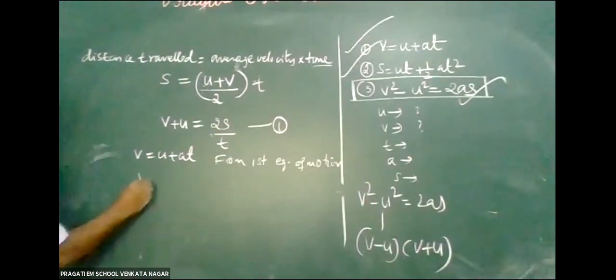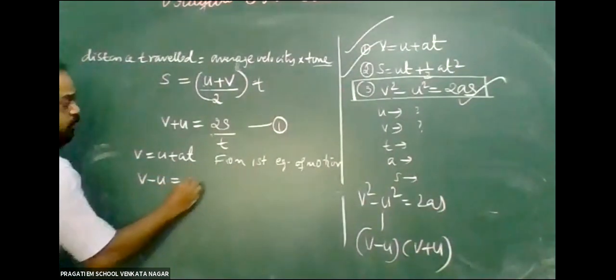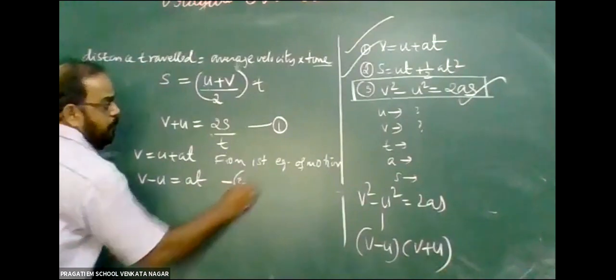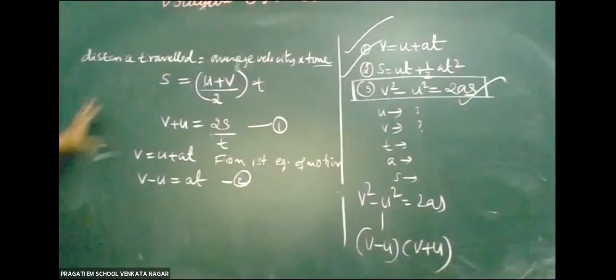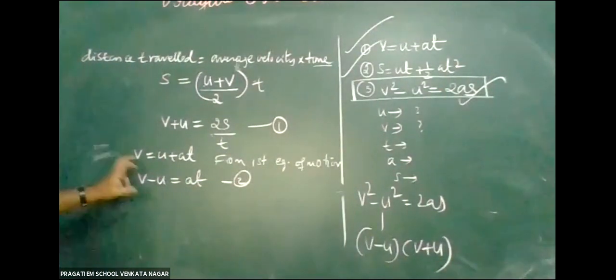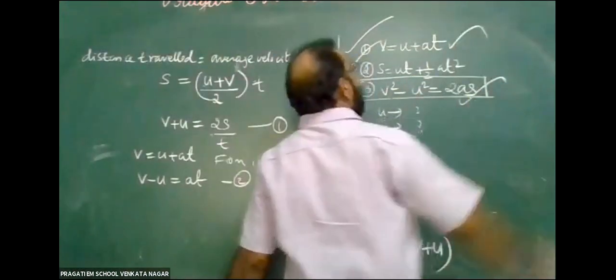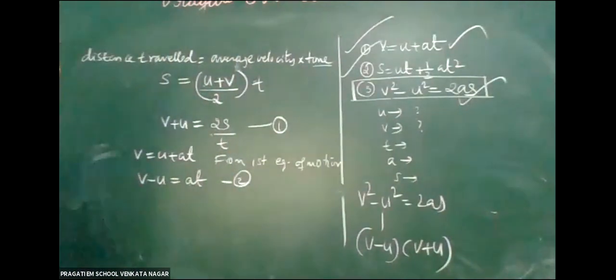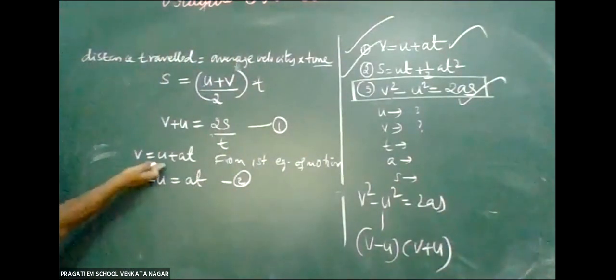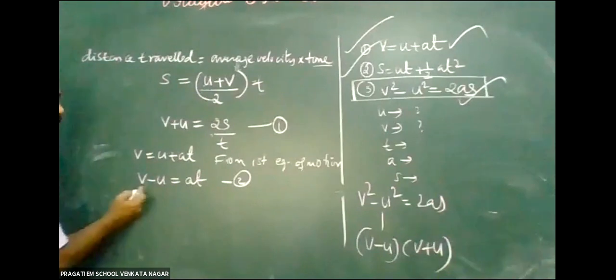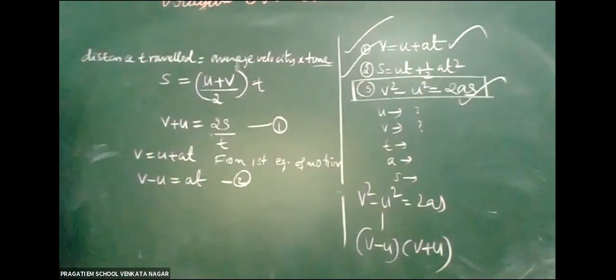Take U this side, we get V minus U is equal to at.